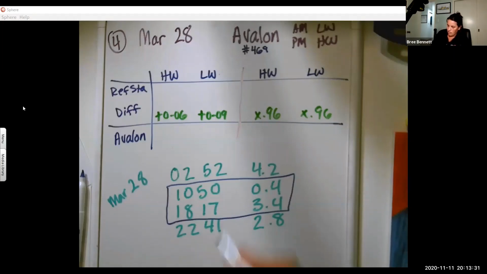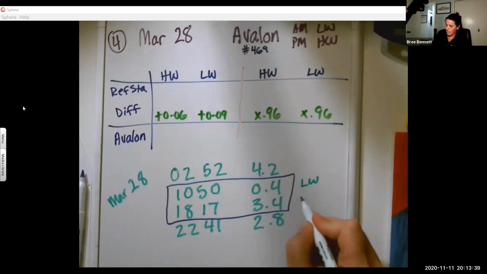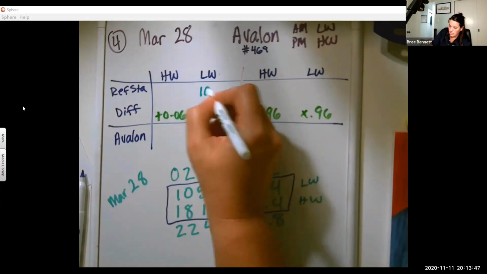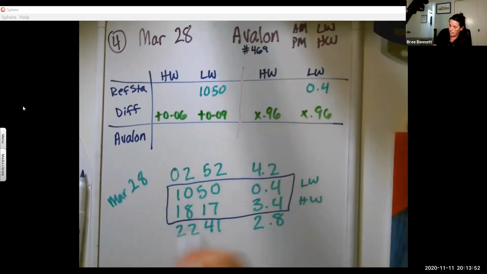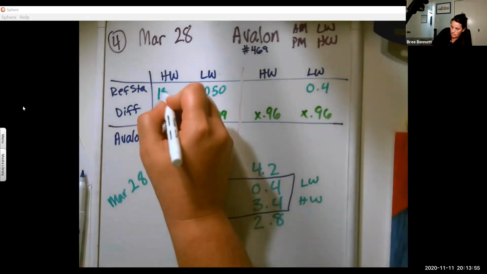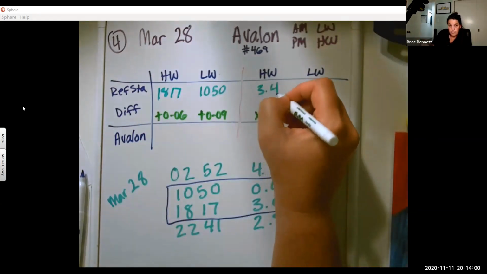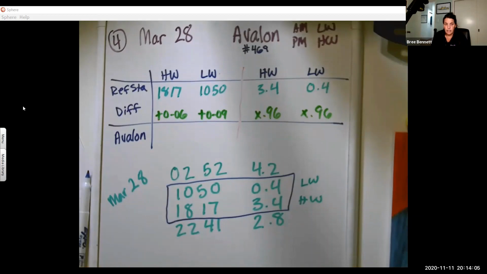So my 1050 is low water and my 1817 is high water. So I'll write these in. 1050 at 0.4. Then I have my high water, 1817 at 3.4. And that's what I have for my reference station.